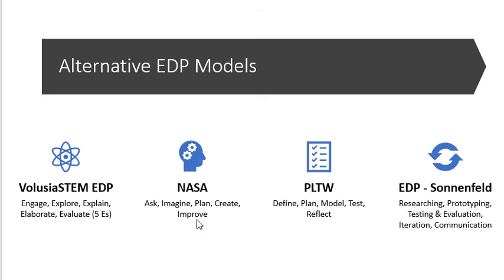After you improve your design in the NASA model, you go back and ask a new question and reimagine things. Project Lead the Way: after you reflect, you redefine a new problem, you plan it out, and you model it. Same thing here: after you communicate your results with others, you go back to researching and then prototyping something new.